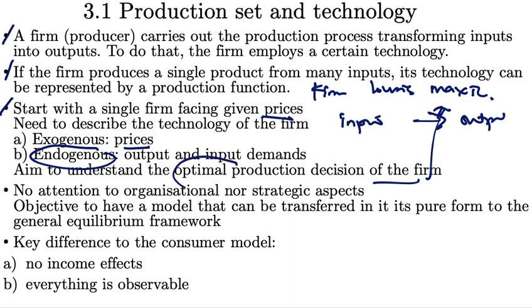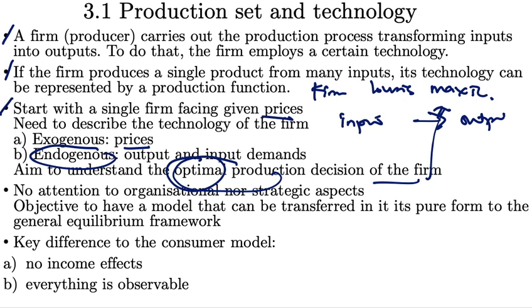So when we say optimal production, it means the level of production decision done by the firm that can maximize profit. The amount of output produced by this firm that can lead to maximum profit. That's why it is called optimal. If it is not optimal, it's not the best. When it is not the best, the profit that we earn is not the maximum one.